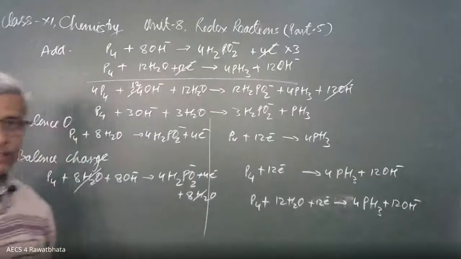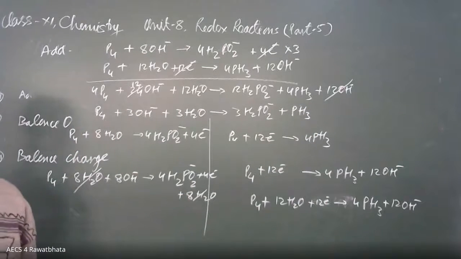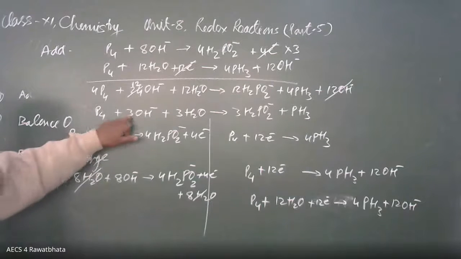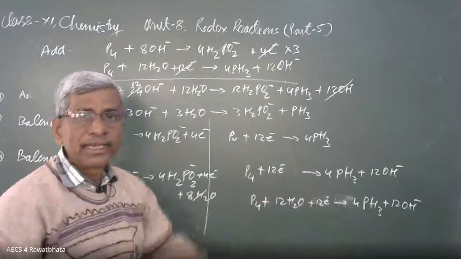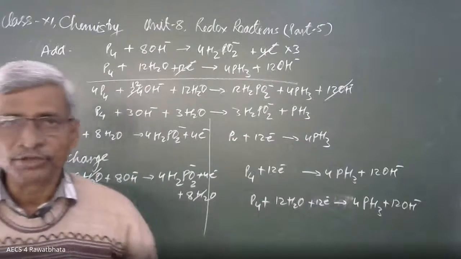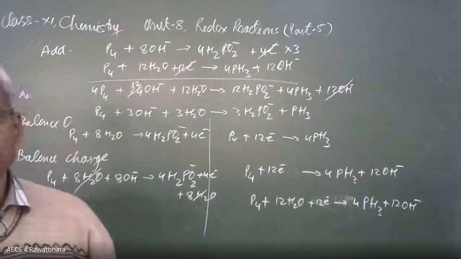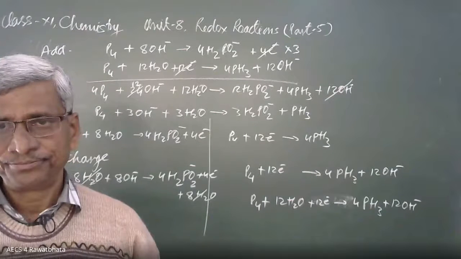This is the balanced equation. And finally, checking of charge. Here is 3 negative and here is 3 negative. It is balanced. This is the way of balancing a redox reaction in basic medium.